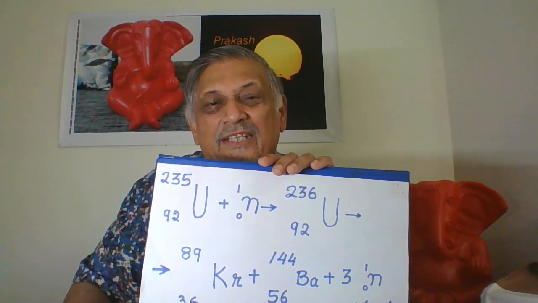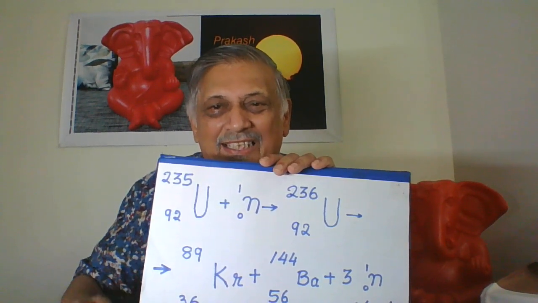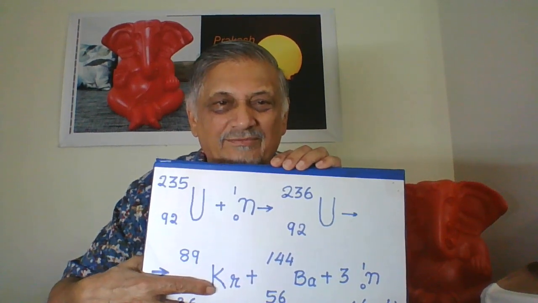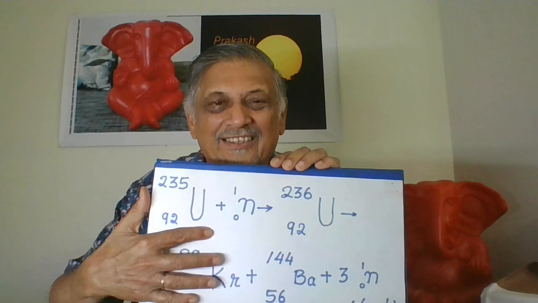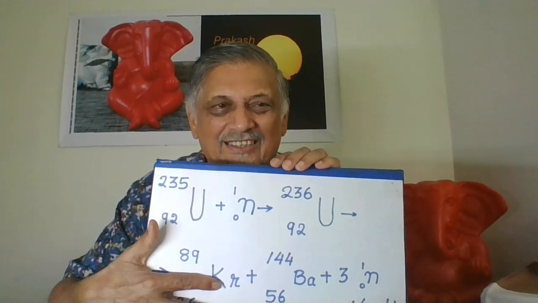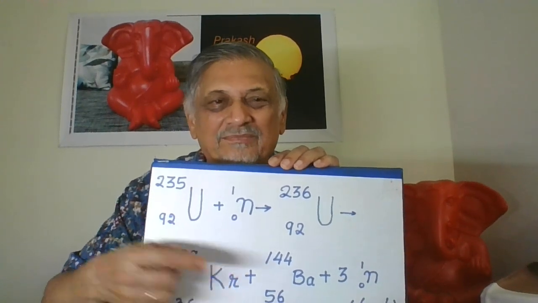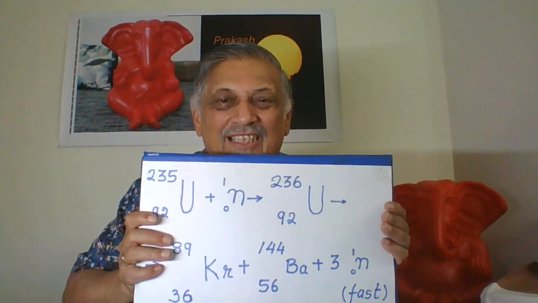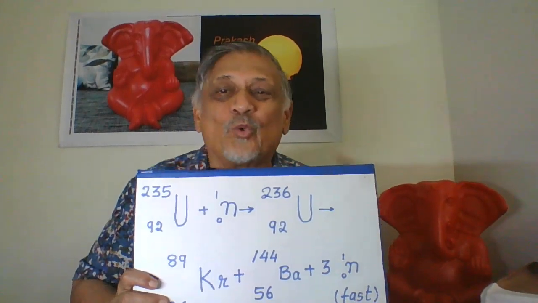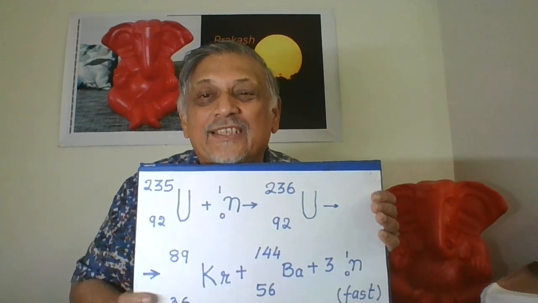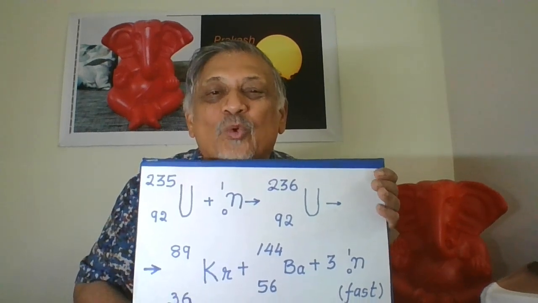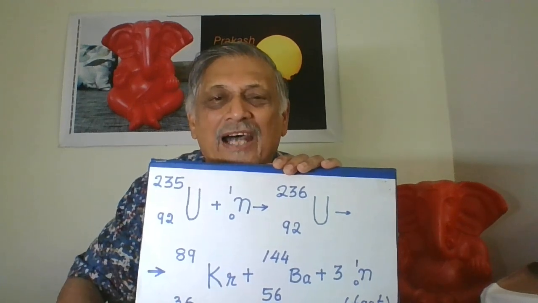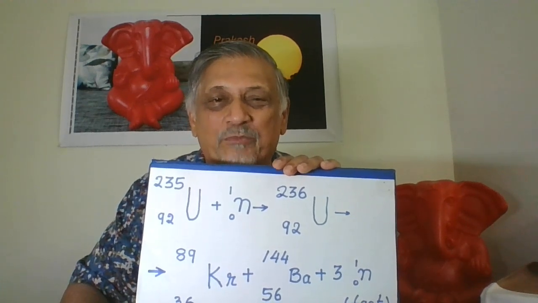When it splits up is the second line that we have. It produces krypton 89 and 36, barium 144 and 56, and in addition, because the total number has to match out to that 236, there are three more neutrons that are left, and these are extremely fast moving neutrons that are produced.